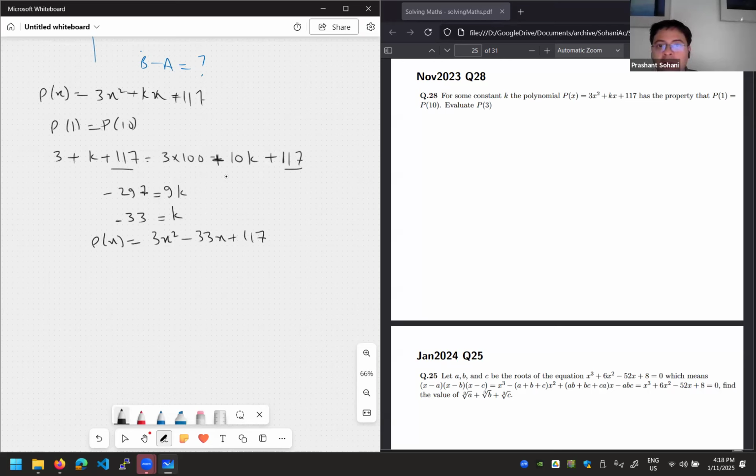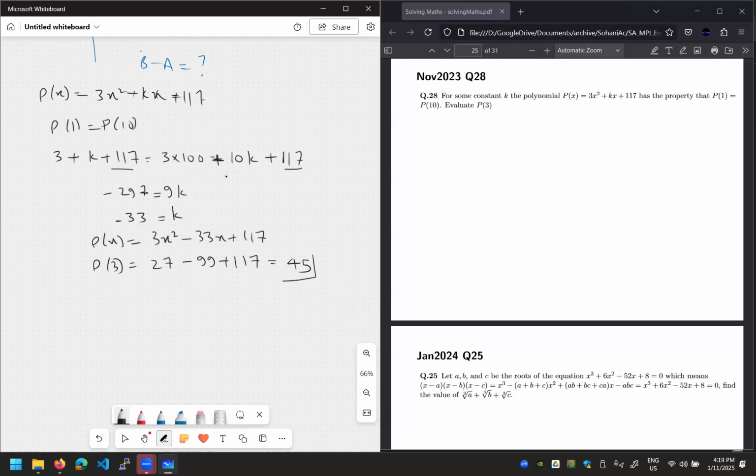And so if I just put the value of 3, I'll get the answer. So I think this is definitely one of the simplest questions. What is the answer? 45. Okay, I think everybody should be able to follow this without much difficulty.